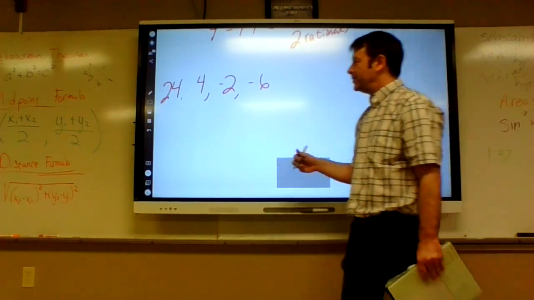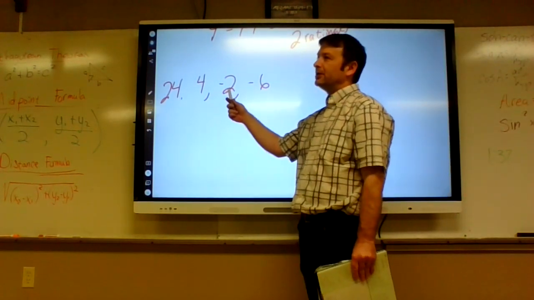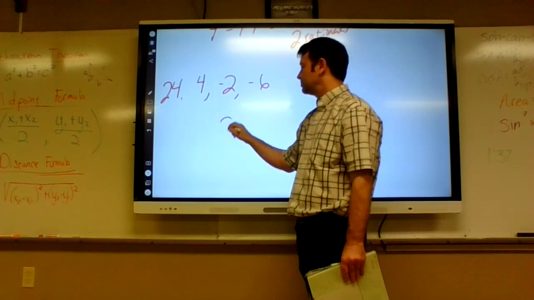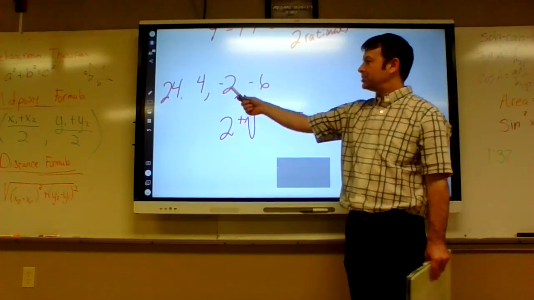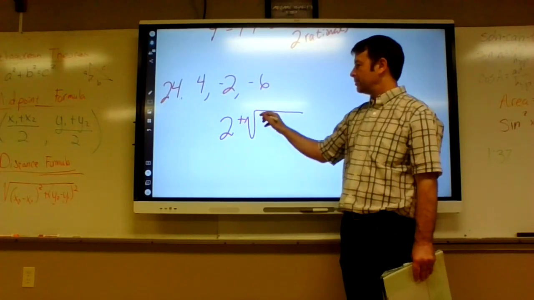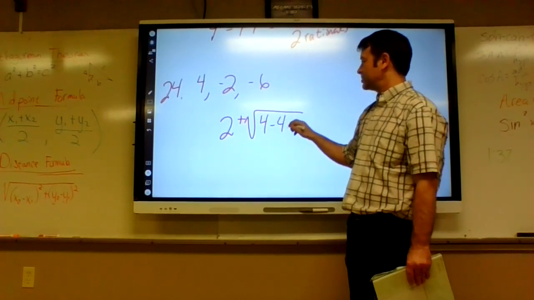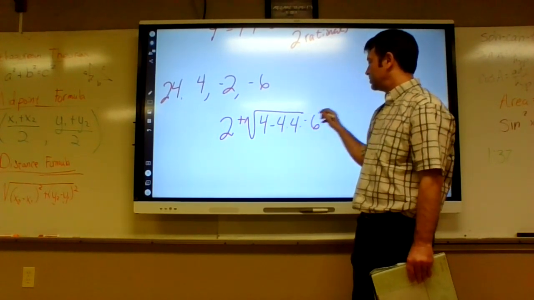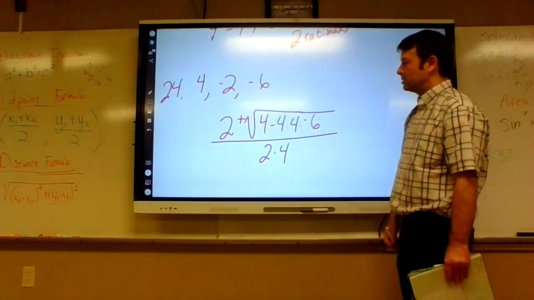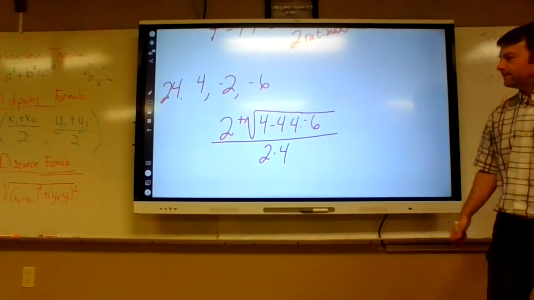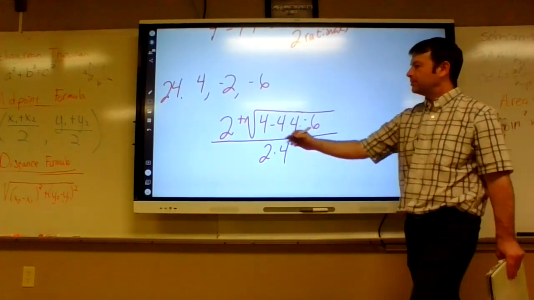Alright, so negative b would be +2. Plus or minus square root of b squared, which would be 4, minus 4 times a times c, all over 2a. You didn't do the minus sign. Where? On that side.